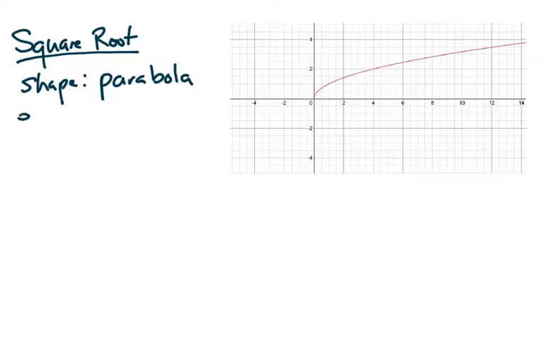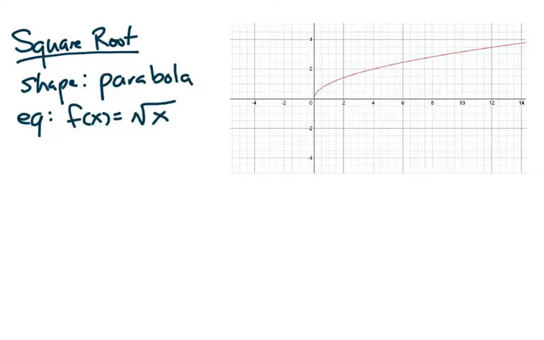The equation for this square root function is f of x is equal to the square root of x. Nothing tacked on to it, just square root of x. This happens to be an inverse of the quadratic.